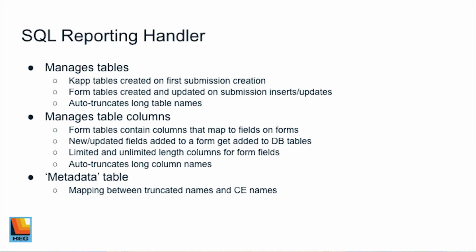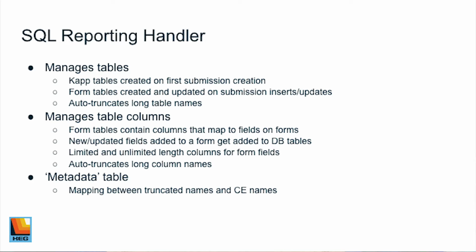And then it eventually is inserted into a SQL database. So the SQL reporting handler, the magic that it does is it actually manages the tables, columns, and other information to go into the SQL database.